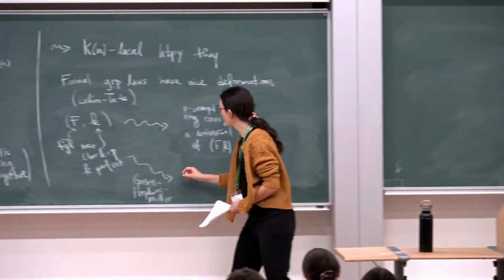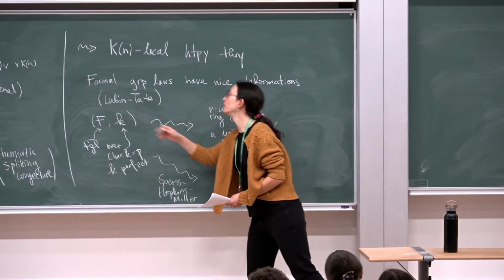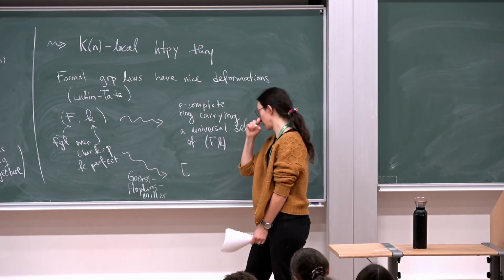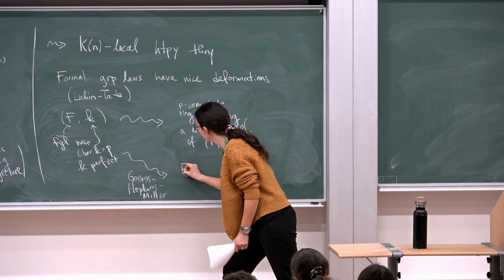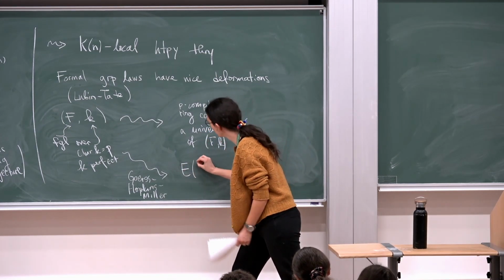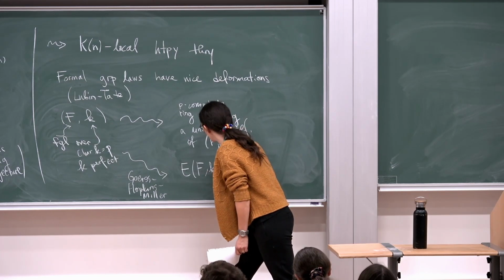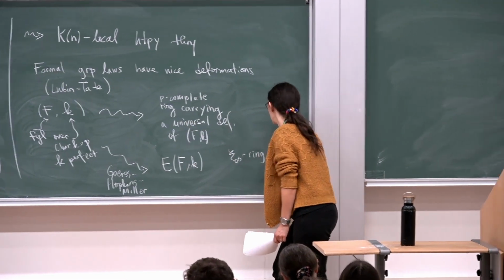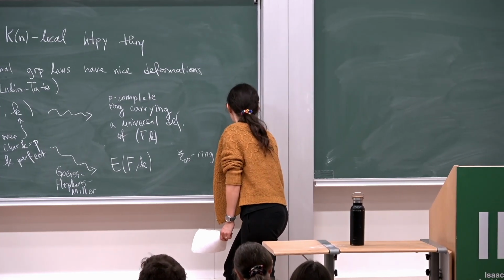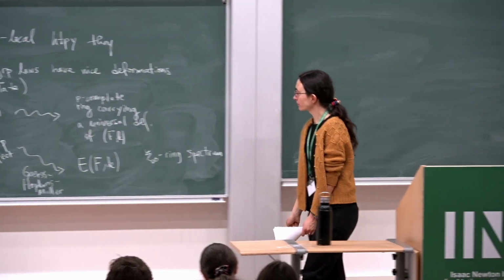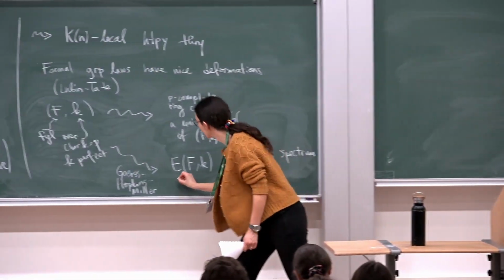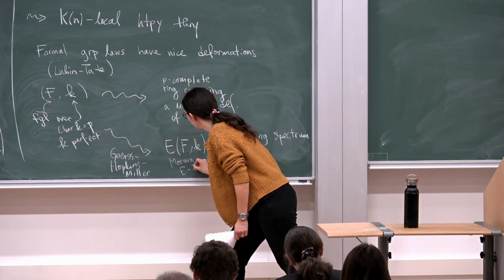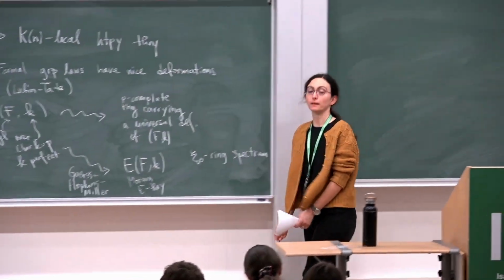In fact, they associate to such a pair an E-infinity ring spectrum called Morava E-theory.